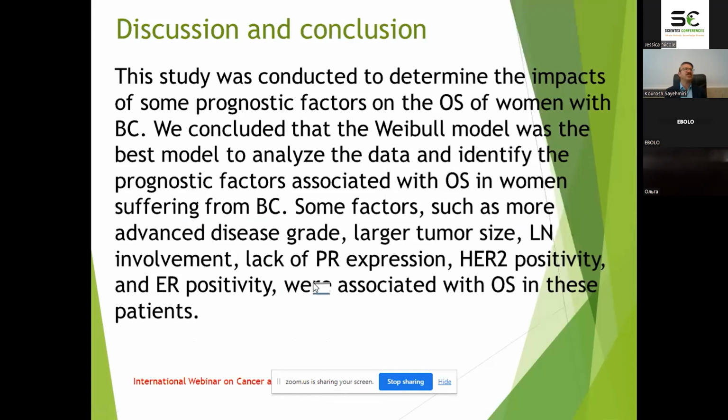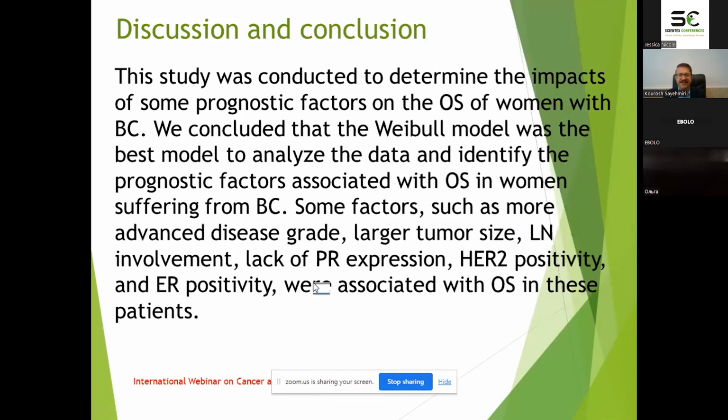Discussion and conclusion. This study was conducted to determine the impact of some prognostic factors on overall survival of women with breast cancer. We concluded that the Weibull model was the best model to analyze the data and identify the prognostic factors associated with survival in women suffering breast cancer.